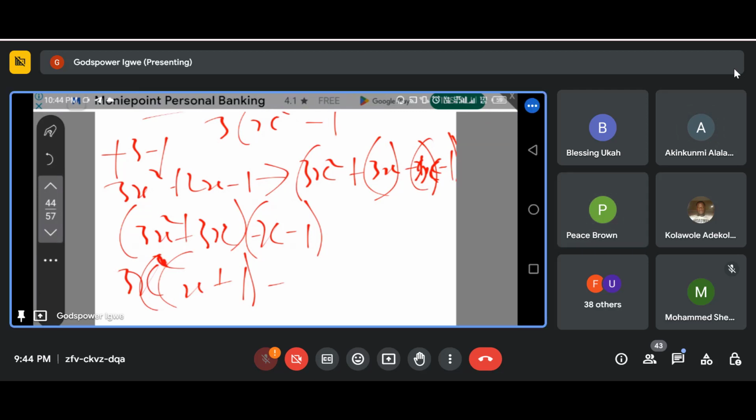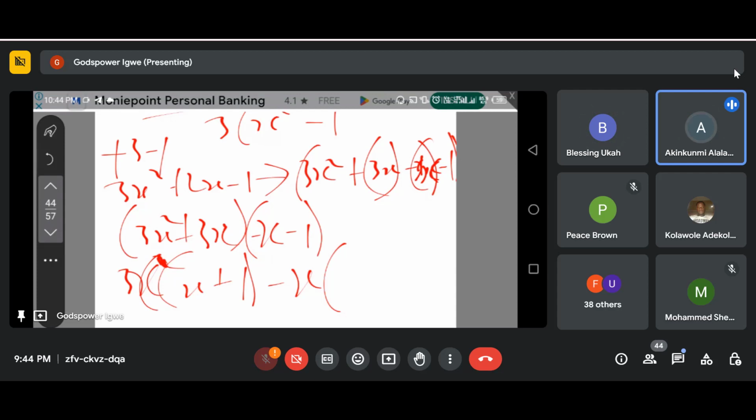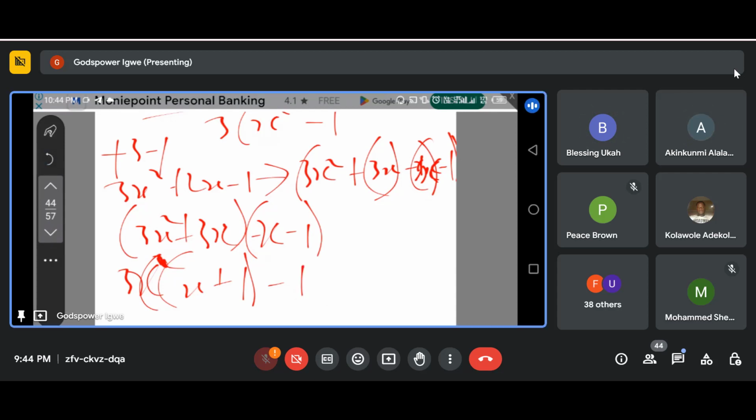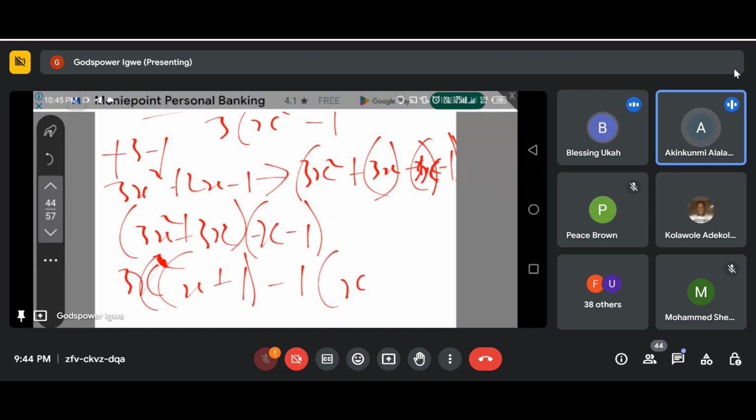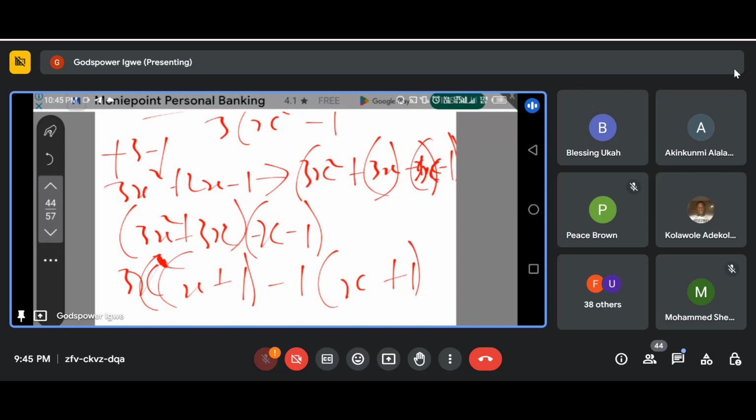Sorry. So this other one is minus. If I take minus x, this will be minus 1, sir. Minus x will not go minus 1. So this will now be positive x plus 1, and then this will be positive 1.